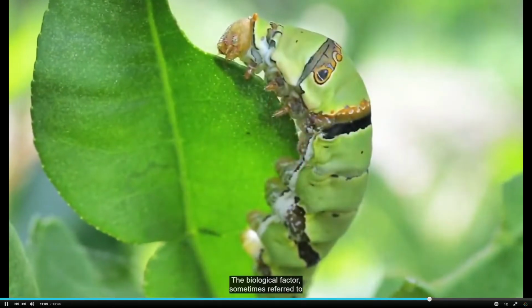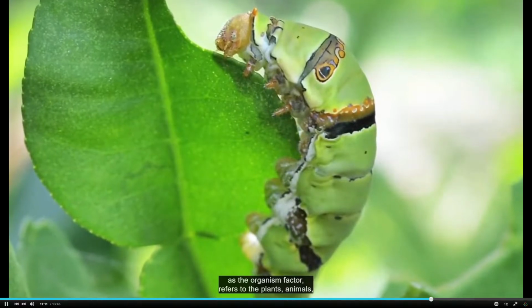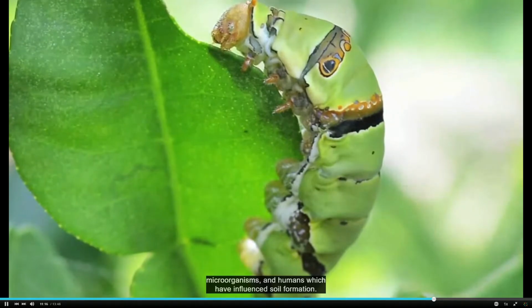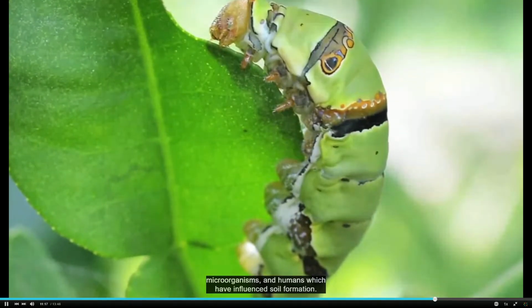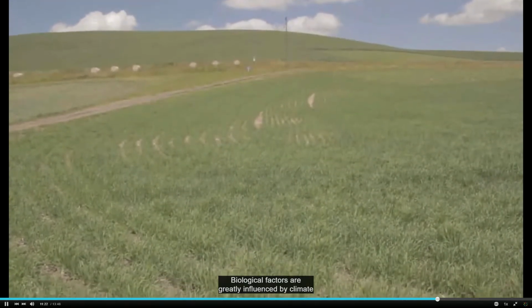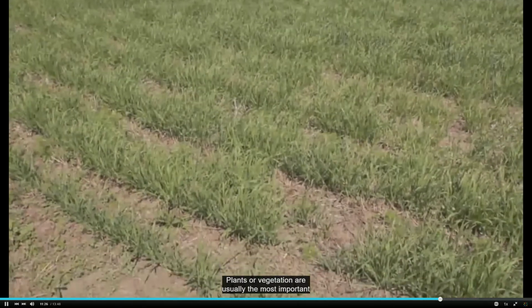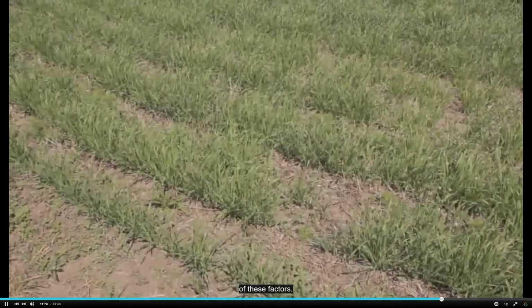The biological factor, sometimes referred to as the organism factor, refers to the plants, animals, microorganisms, and humans which have influenced soil formation. Biological factors are greatly influenced by climate and changes over time. Plants or vegetation are usually the most important of these factors.